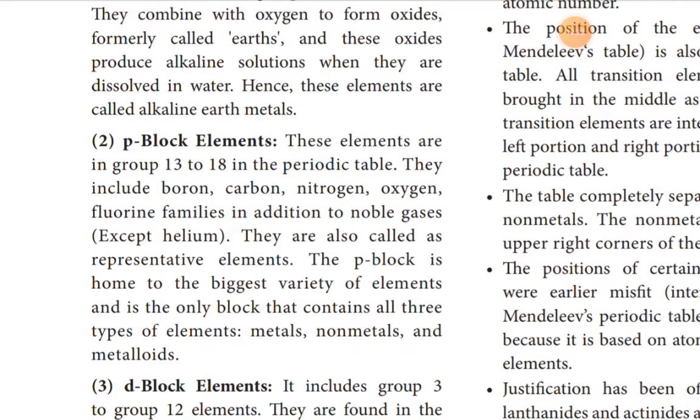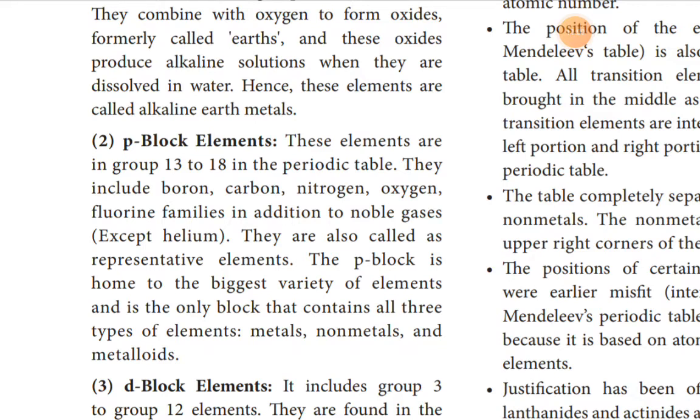The P block elements are at the right extreme, that is group 13 to 18. They are called representative elements. For example, they contain boron, carbon, nitrogen, oxygen, fluorine, and neon, except helium. So they are also called representative elements.